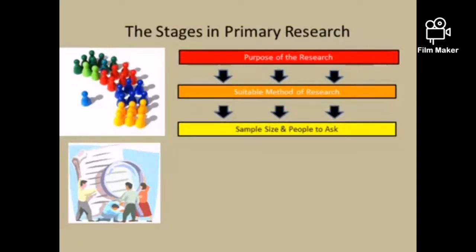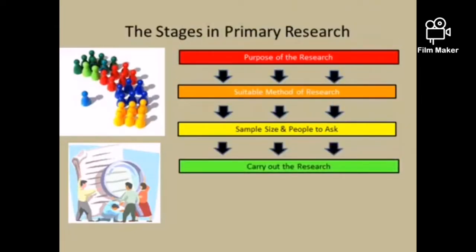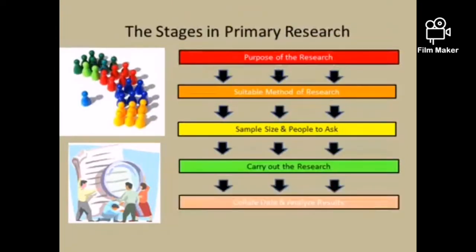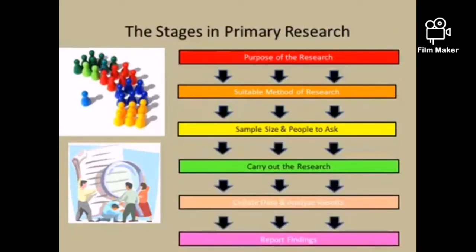Next, you'll decide how many people you will use for your research. In the fourth stage, you will do the research. Then you will collect the information and analyze the results. You will try to analyze and understand. Then you will report the findings to the right person or the department.